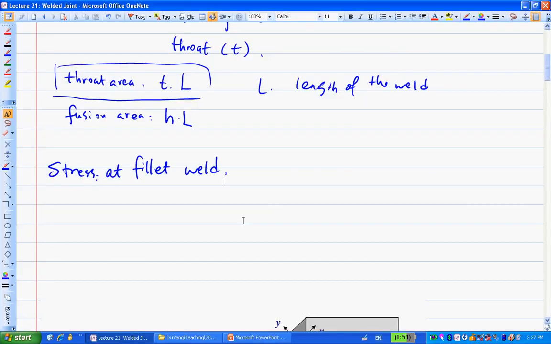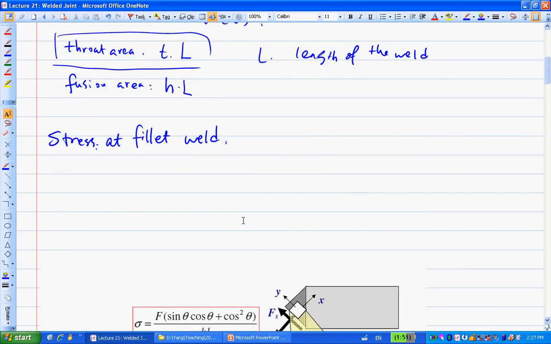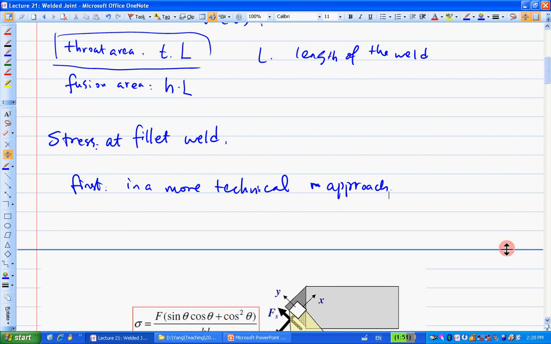So let's look at this in a more mathematical way first. It's a more technical approach, but you shouldn't worry too much.